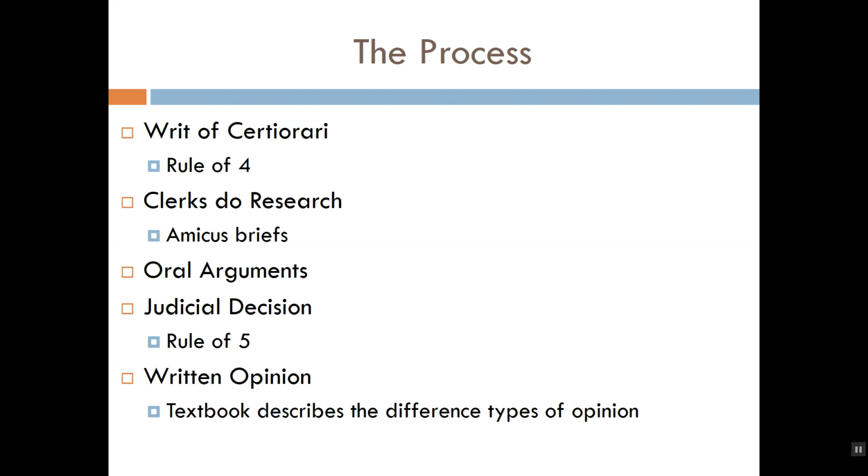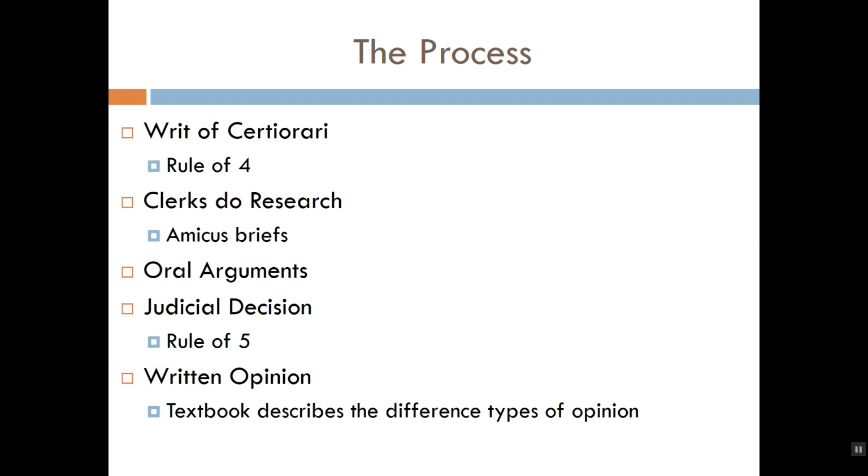while it is true that when there are 9 sitting justices, you will need 4 of those 9 justices to agree to hear your case before you can get the writ of certiorari, it may also be true that there is a vacancy on the court. Right? And what if there is a vacancy on the court, as we saw recently after the passing of former Associate Justice Antonin Scalia?